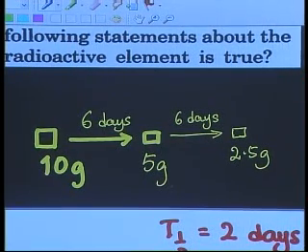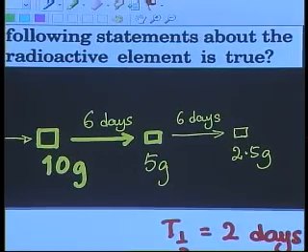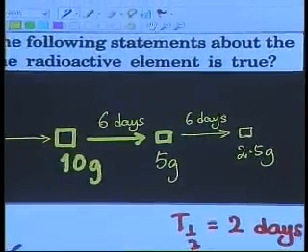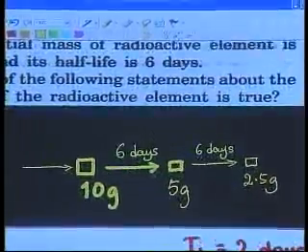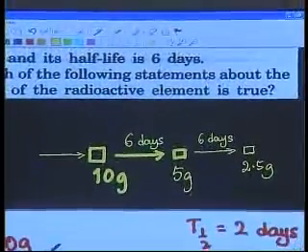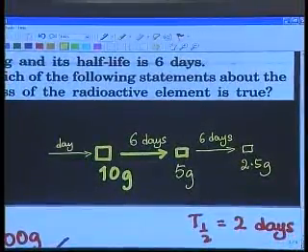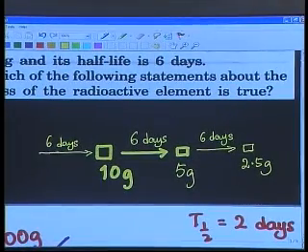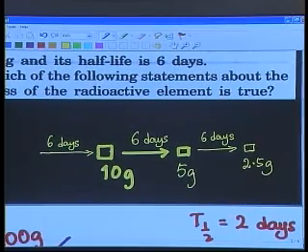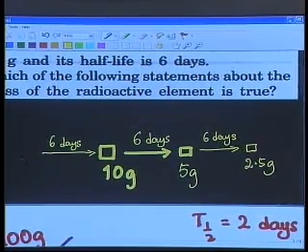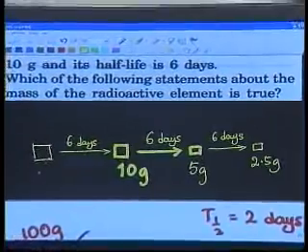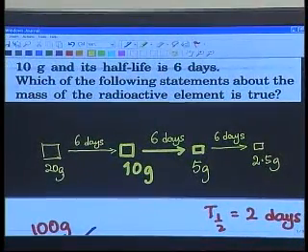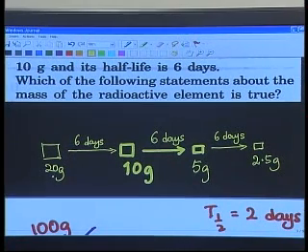So let us go backwards now. Before we got 10 grams, how many days of half-life? 6 days is the half-life. So 6 days before the 10 grams, how many grams do we get? I'm sure you can tell me it is 20 grams. Okay, check. 20 grams from here. After 6 days, we have 10 grams.